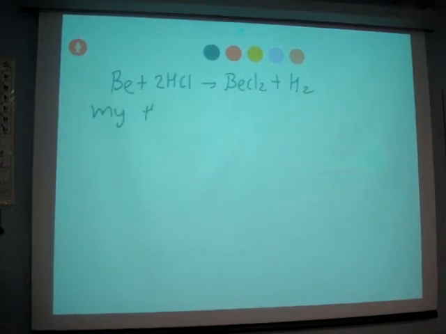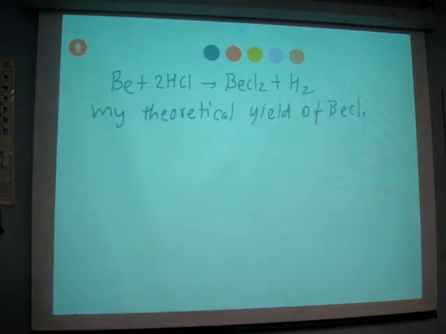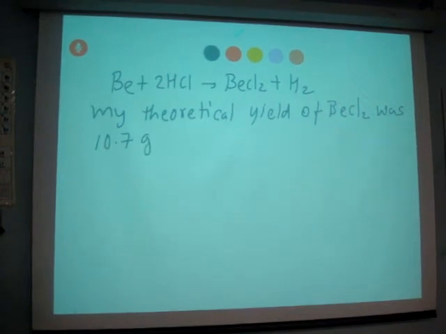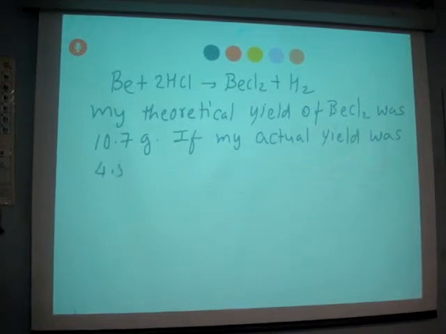And my theoretical yield of BeCl2 was 10.7 grams, and if my actual yield was 4.5 grams, what was my percent yield?